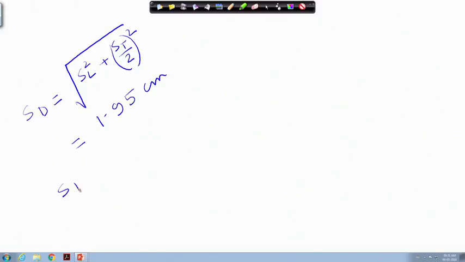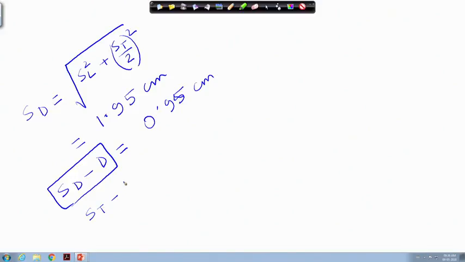Then we have SD minus D, equal to 0.95 centimeter. You can understand why we are trying to find out SD minus D, because we do not know exactly at what location the minimum free flow area is, or rather we are trying to find out where the maximum velocity is occurring. Then we find out (ST minus D) by 2, and that comes out to be 0.77.